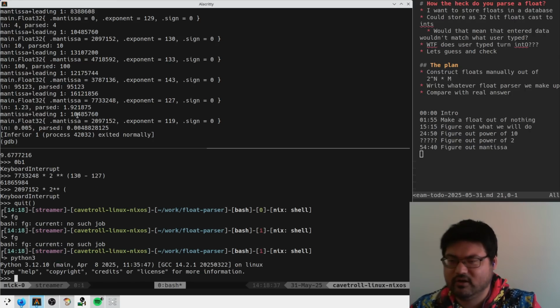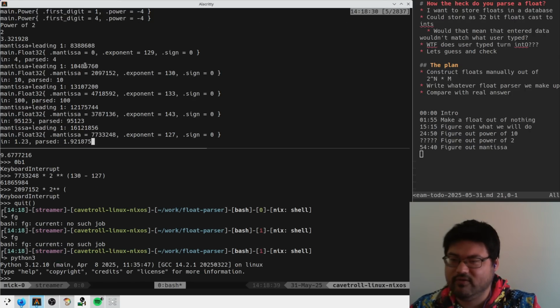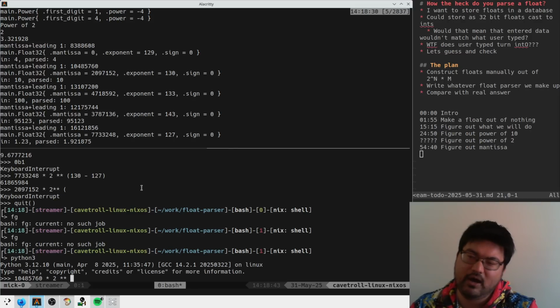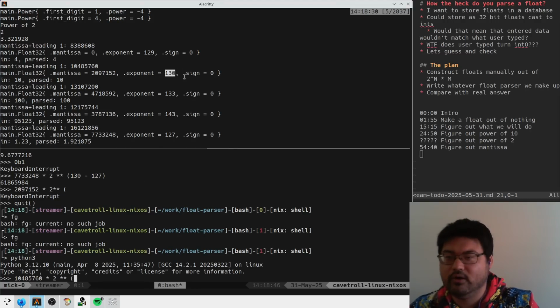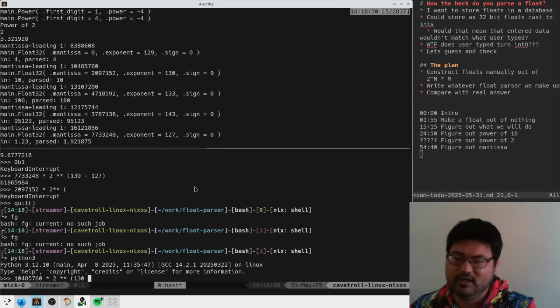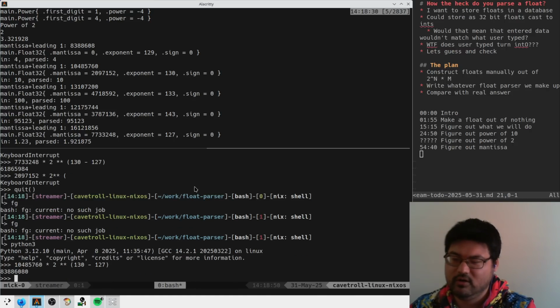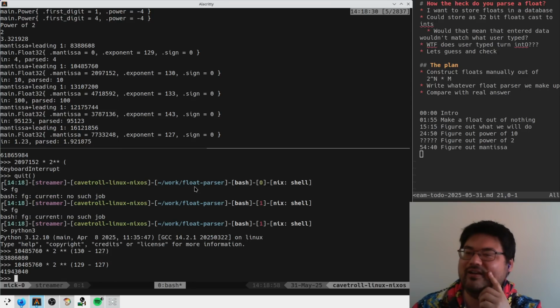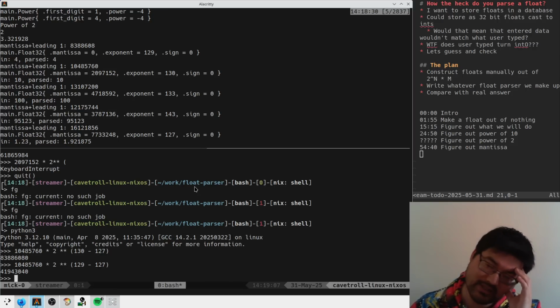So we have like on the value of 10, we have this guy times 2 to the power of 130 minus 127, right? Which is wrong. What am I doing? We must be doing something really stupid.